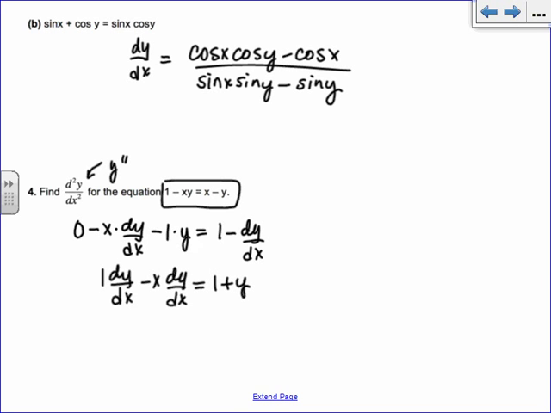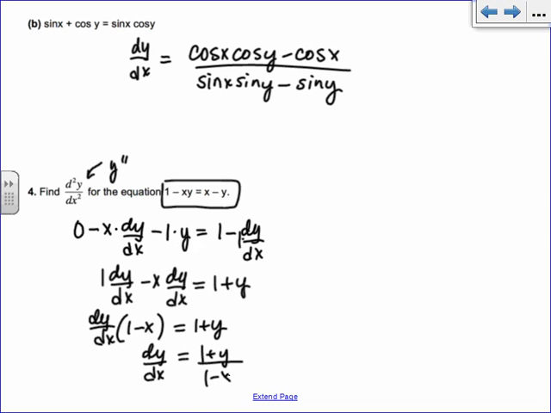So this was like a 1 dy over dx. So then when I pull a dy over dx out, my placeholder is still there. 1 minus x equals 1 plus y. So dy over dx equals 1 plus y over 1 minus x. Okay, did you guys get that for the first derivative?